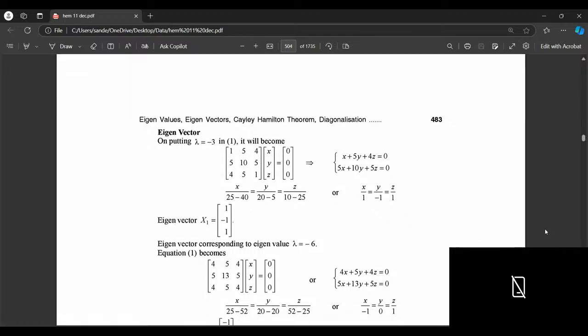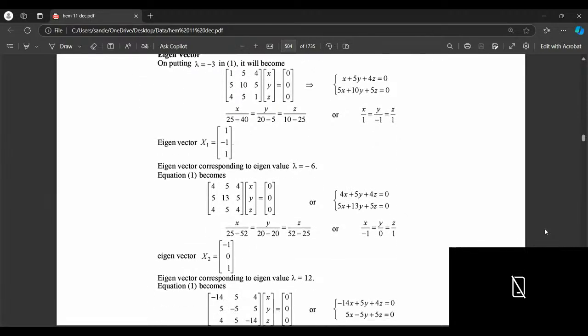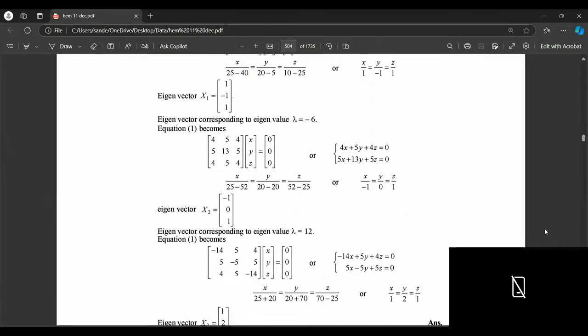Similarly, you can find by using lambda equal to minus 6. Here you see first and last equation is same, but second equation is different. So you can take first and second equation.